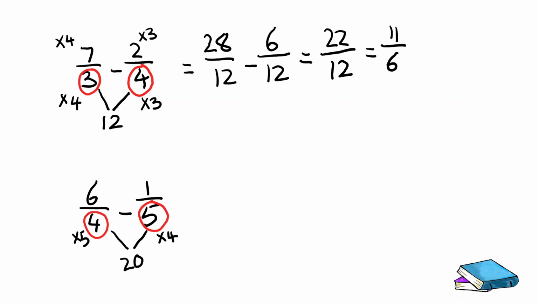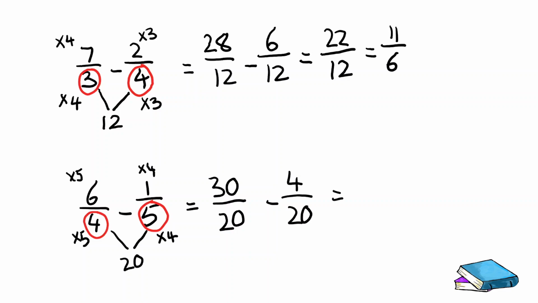What we do to the bottom, we do to the top. And then we write it out. So 6 5s are 30 over 20 minus 1 4s are 4 over 20, which gives us 26 over 20, which gives us 13 over 10.